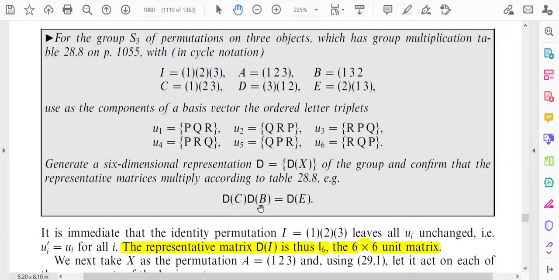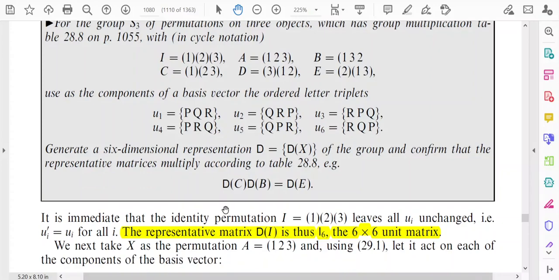That is, if C into B is equal to E, then DC into DB should also be equal to DE. Our first step is to determine the representative matrices corresponding to each element, and next is to verify that the product rule for the representative matrices is similar to the product rule of the group elements.